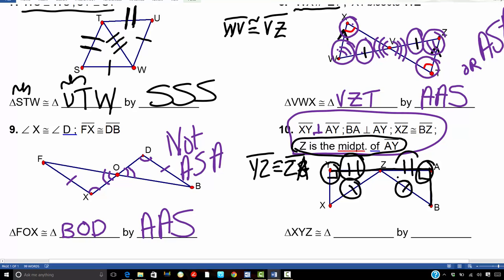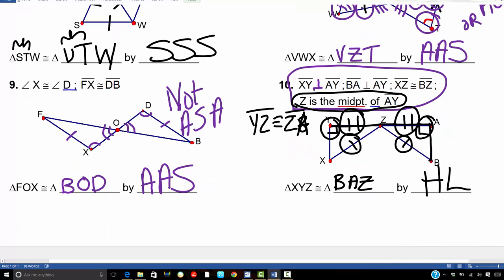But since both of these triangles are right, that means HL is a possibility, the hypotenuse leg. The longest side of both triangles are congruent, and they also both have a congruent leg. So these triangles are congruent by HL. Triangle XYZ is congruent to triangle BAZ.